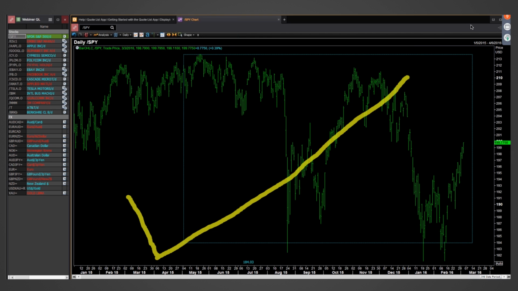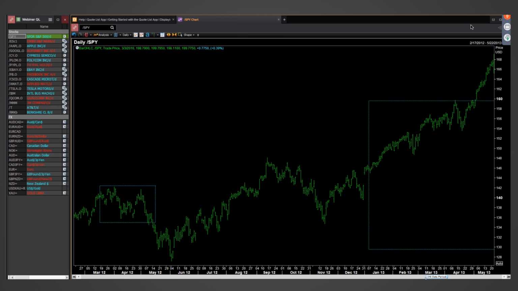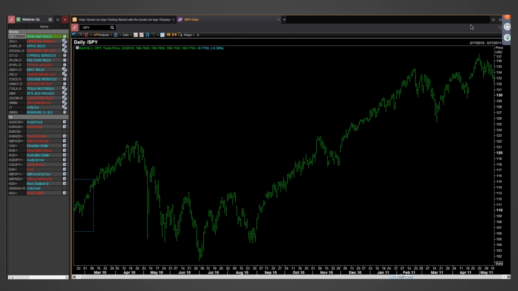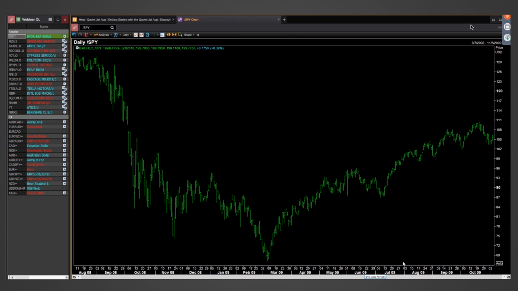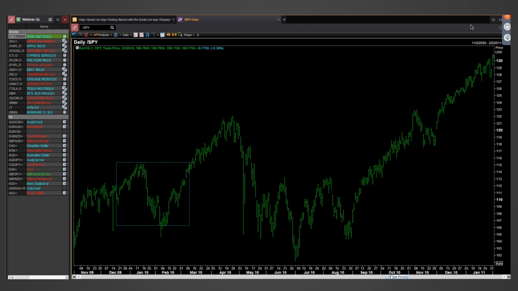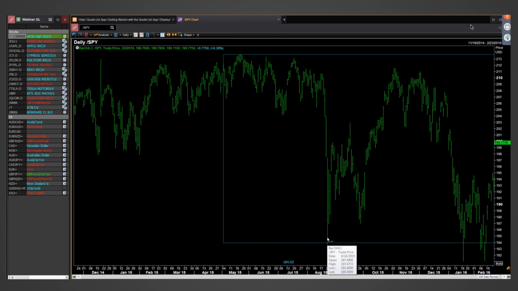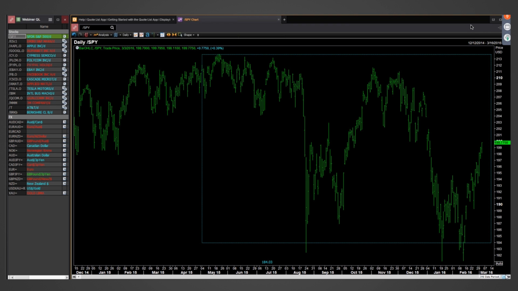Okay, I'm going to erase these drawing tools. There we go. So now we're going back to, let's see. This is the big correction. Recently we matched. By the way, by knowing that this was the second correction of similar size, now we know that we are in trend wave 5.